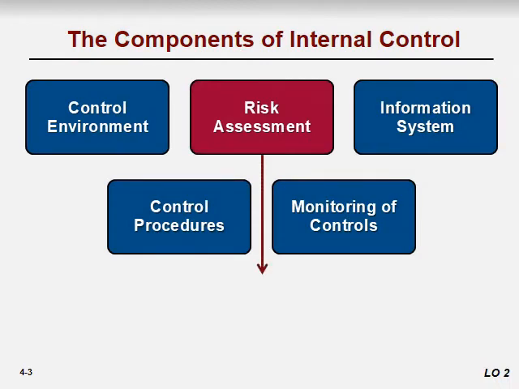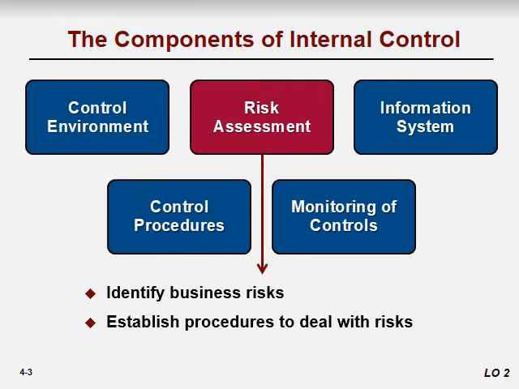The second one is risk assessment. It's symbolized by the smoke rising from the chimney. Assessment of the risk that a company faces offers hints of where mistakes or fraud might arise. You see the diagram, it is represented by the smoke.